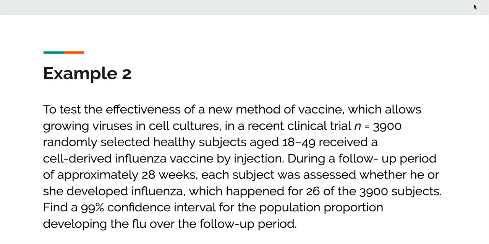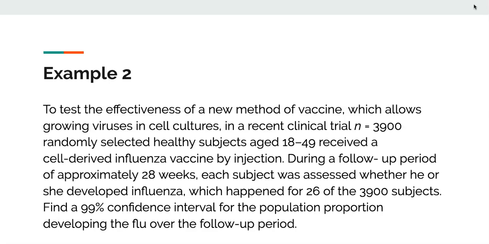All right, anyways, example 2. Let's find another confidence interval. To test the effectiveness of a new method of vaccine, which allows growing viruses in cell cultures, in a recent clinical trial, n equals 3,900 randomly selected healthy subjects aged 18 through 49 received a cell-derived influenza vaccine by injection.